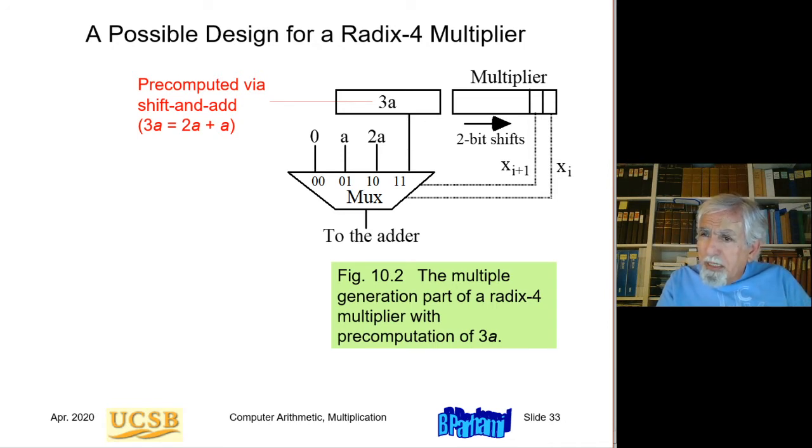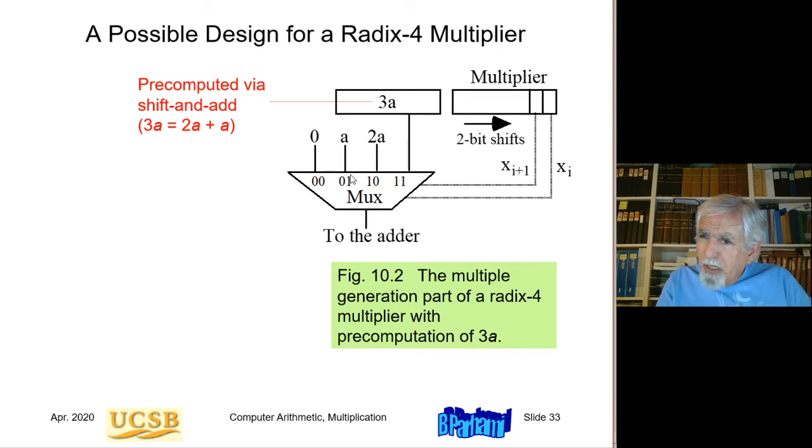The hardware looks at 2 bits of the multiplier operand, and these 2 bits control this multiplexer. If both bits are zeros, then 0 will be forwarded to the adder.